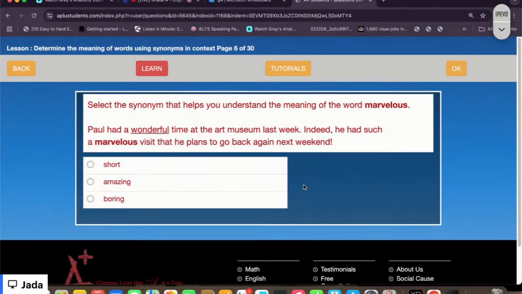Okay. So marvelous also means short, amazing, or boring.